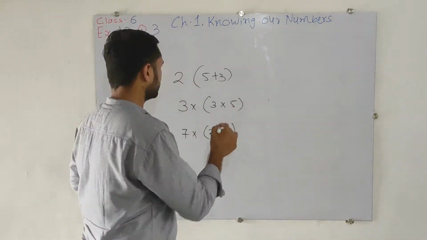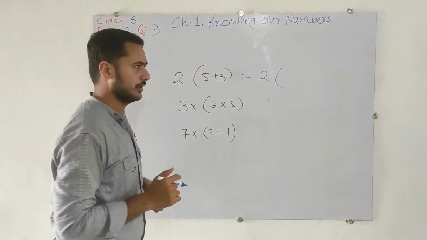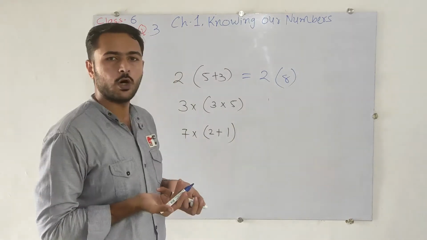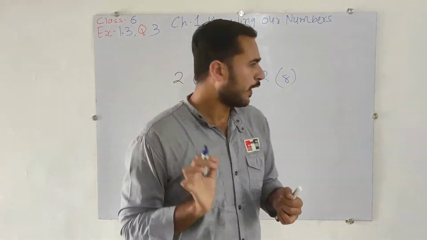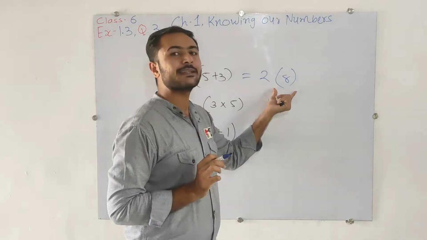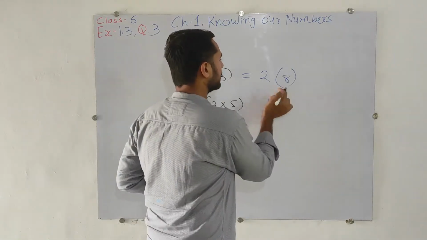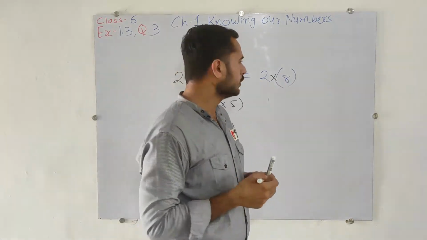In the first one, 2 bracket 5 plus 3, if I solve that, 5 plus 3 is 8. Now just remember that anytime you find something like 2 then bracket 8, it means there is a multiplication sign between these two numbers. There is no need to write the multiplication sign.